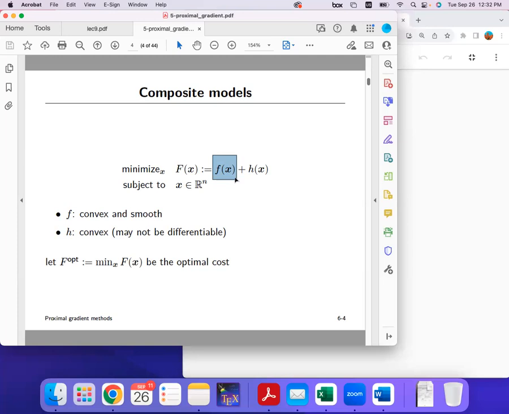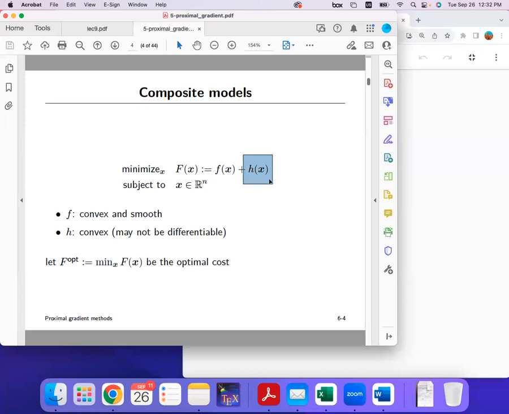It is basically the loss function. For example, it can be the classification loss in binary classification, or the mean square loss in the least mean square problem. But this h(x) is new.